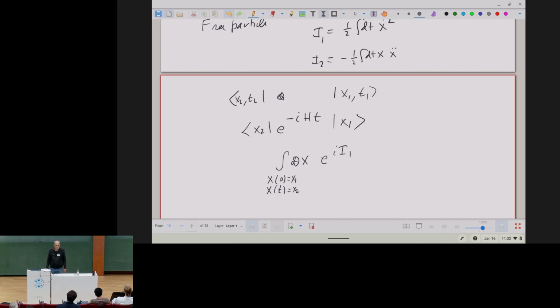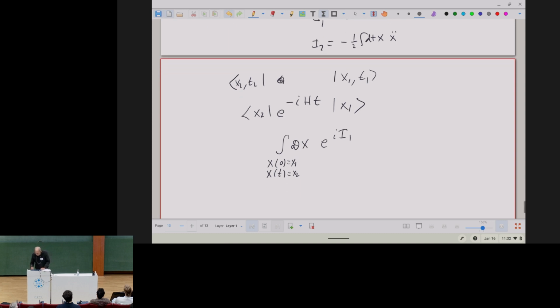It won't work well. The first thing that will happen to you is that Feynman will tell you to look for a critical point of the action. So that means you want a stationary point of the action for a particle that starts at x1 and ends at x2. With I1, first of all, it works.